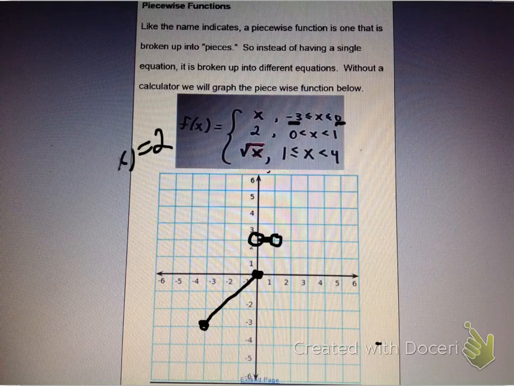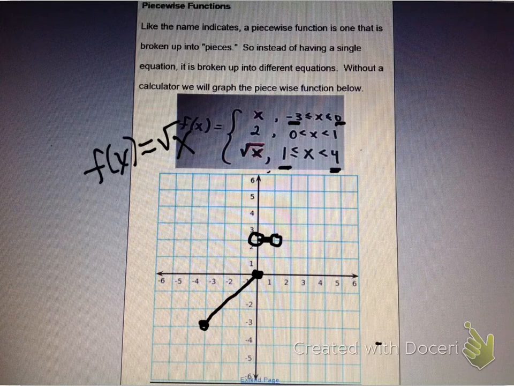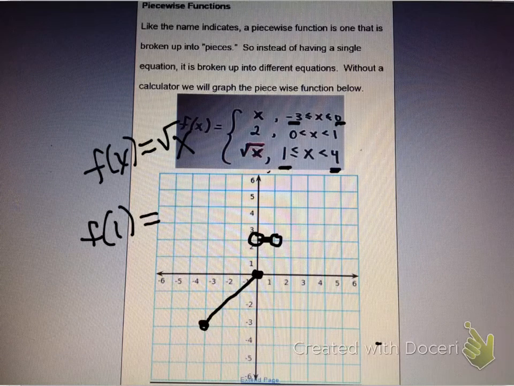Let me erase that and write f of x equaling the square root of x. Now we're going to plug 1 in for x and 4 in for x. So f of 1: when I plug in 1 for x, the square root of 1 is 1.